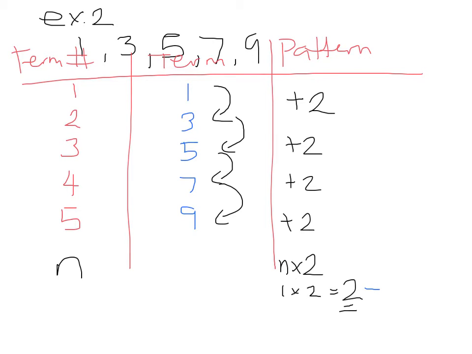I can subtract 1, and now I end up with the value of 1. So my formula, my equation, needs to change from n multiplied by 2 to n multiplied by 2 subtract 1. This now becomes my equation.